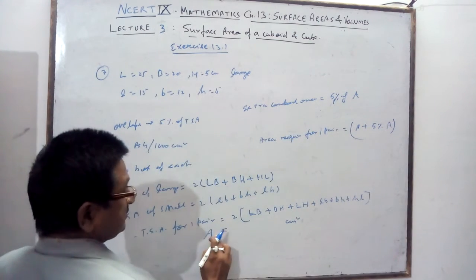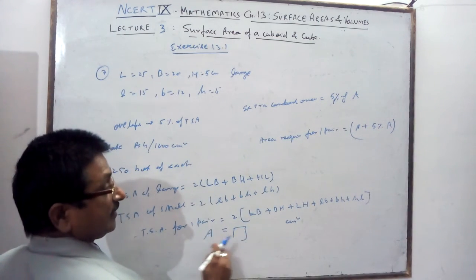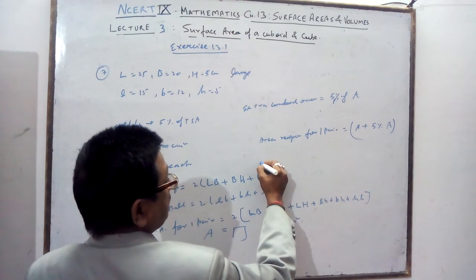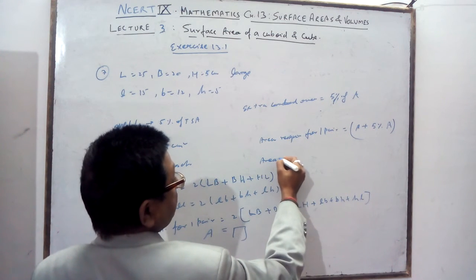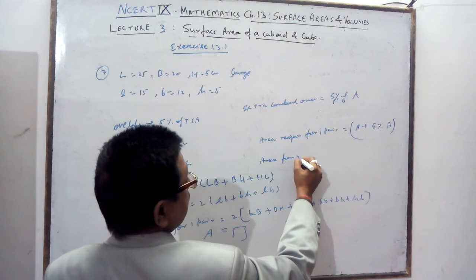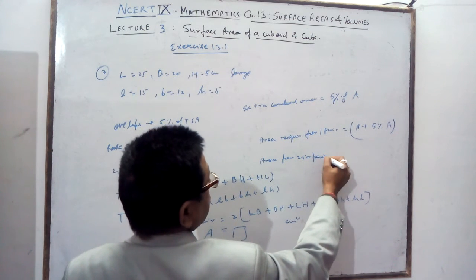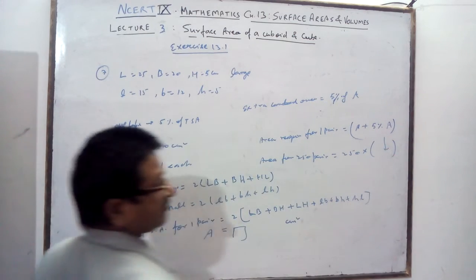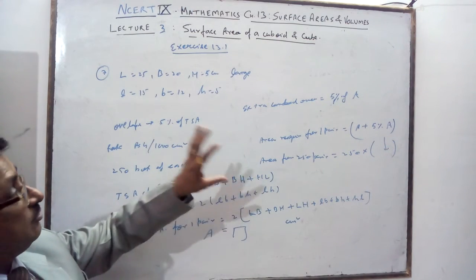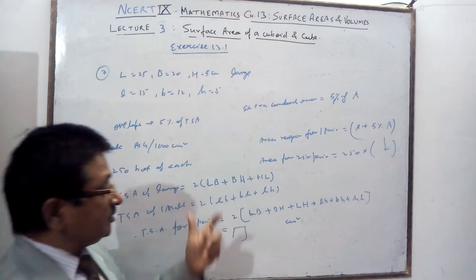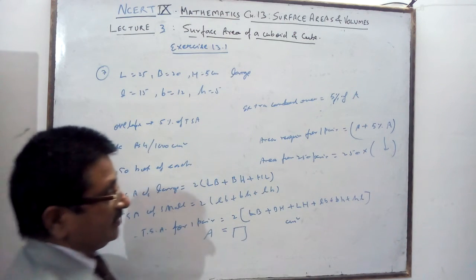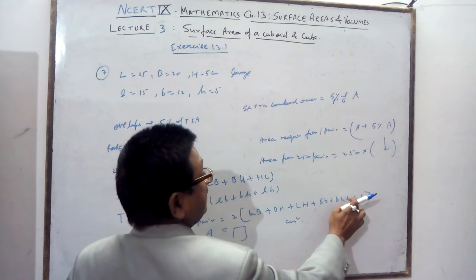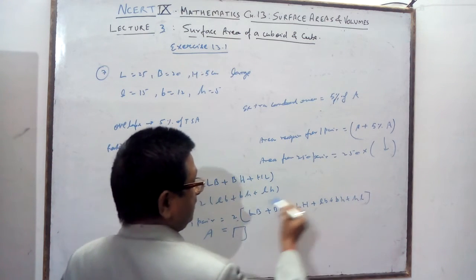A is the answer you are getting here, and A plus 5% of A gives you the one pair. So the area for 250 pairs: what will you get? 250 multiplied by this. You get the total area required for making 250 boxes. 250 multiplied by this area, twice of this area in total.